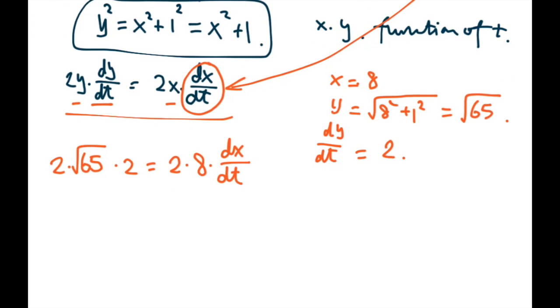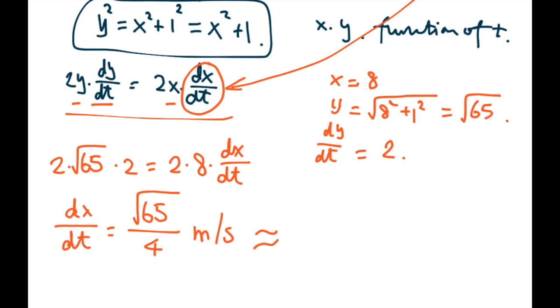Now if we solve it, we will have dx over dt equal to root 65 over 4 meters per second, and this is about 2.2 meters per second. This will be our final result.